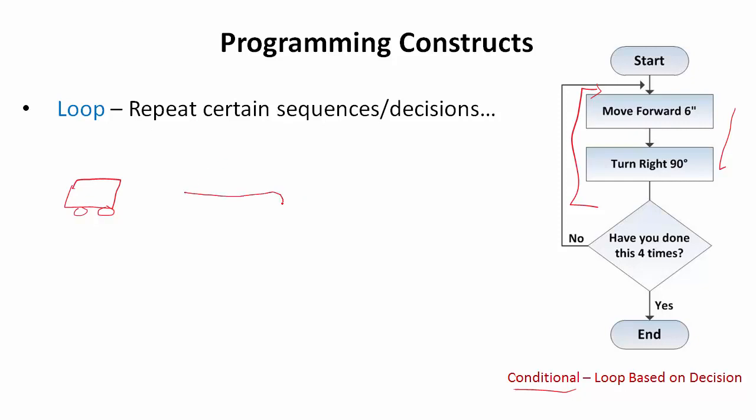So I come over, turn right. I'm going to do it again. Go forward 6 inches, turn right. Then I'm going to go forward again, turn right. So that's my 3rd time. Then I go over here, turn right, and then I stop. So now at this point, what has our robot done? It has gone in a square, but it only did it once and then it stopped. So that's how I could use a conditional loop to accomplish this.